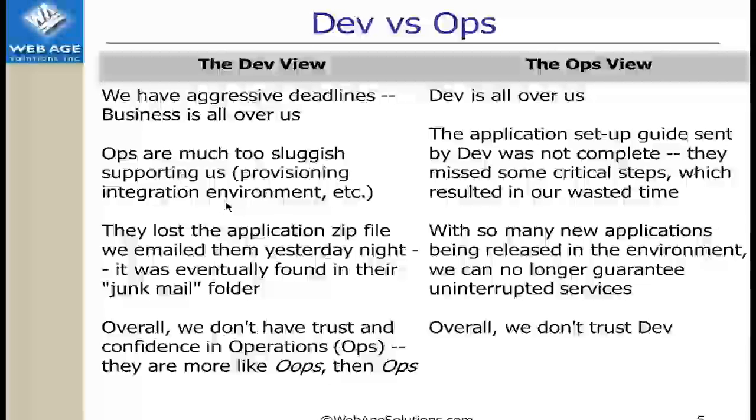So in the left-hand column, you see that Dev is pressured by business, and business is really churning out the software, and Dev is of the opinion that operations are not very good in supporting them in those initiatives. Sometimes you might have very absurd arguments from both sides, but pretty much it boils down to different views of software delivery.